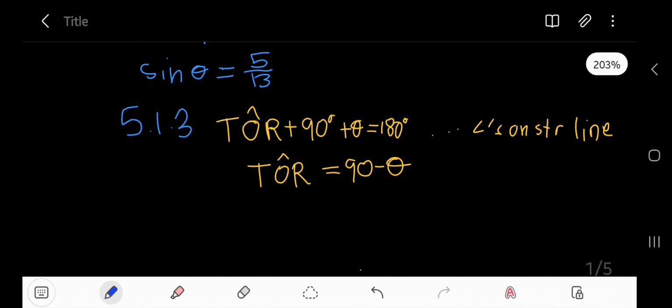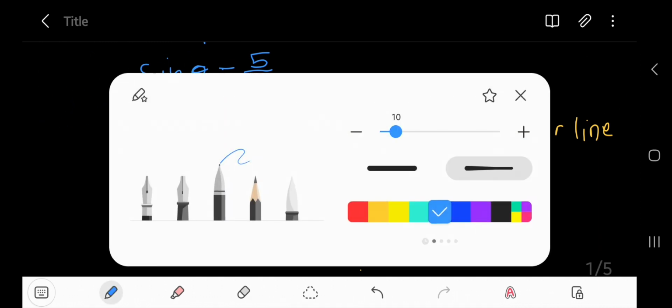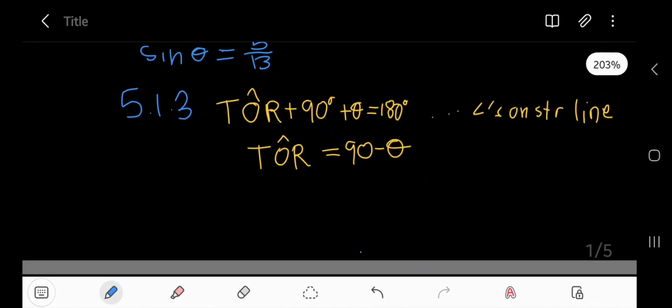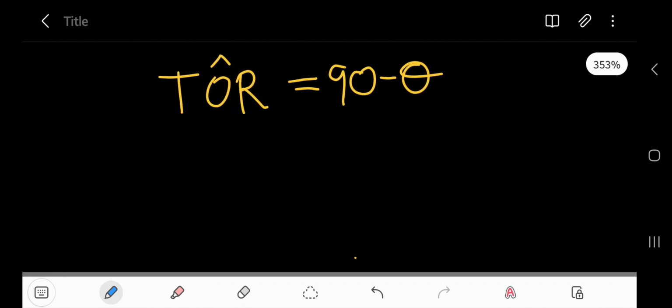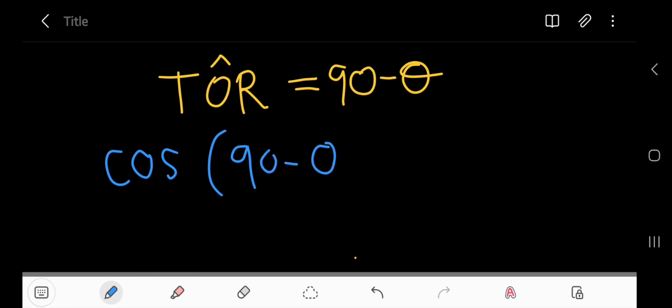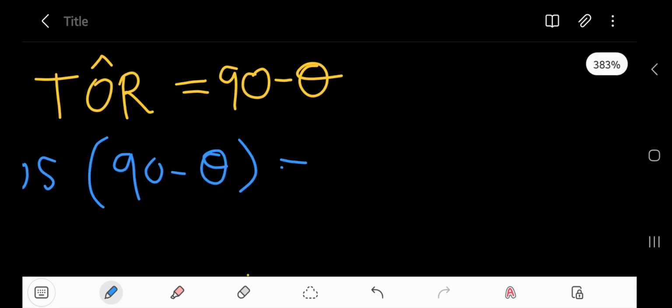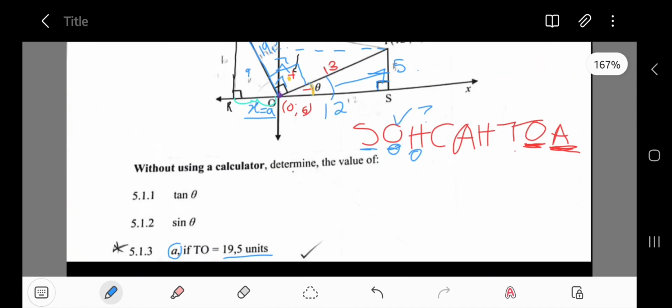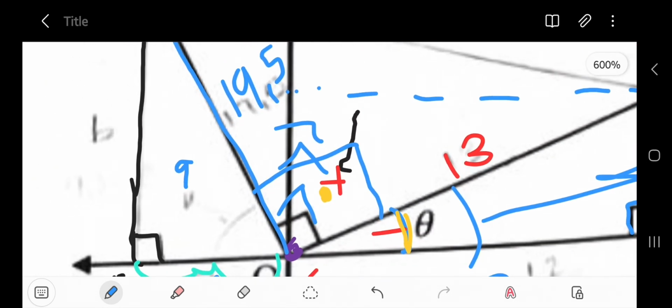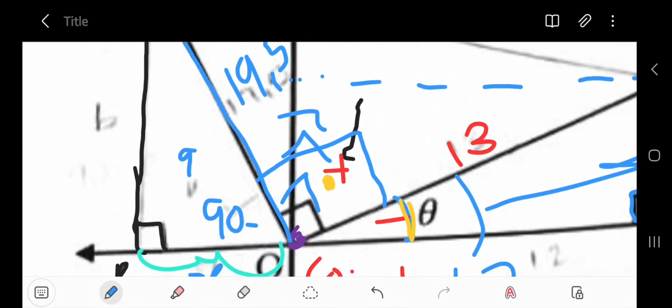Let's go and find our A, which is the x value of the triangle that we just constructed. So we are going to say cos of that 90 minus theta is equal to the adjacent. If you go back to this, we just concluded that this is 90 minus theta.